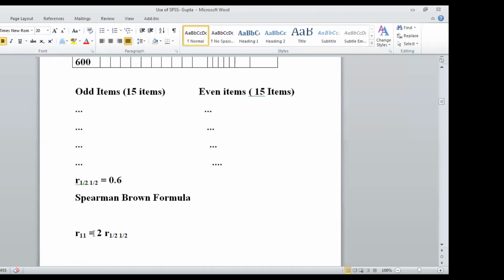And you have to divide it by 1 plus R half-half.